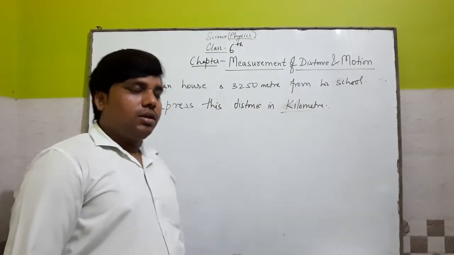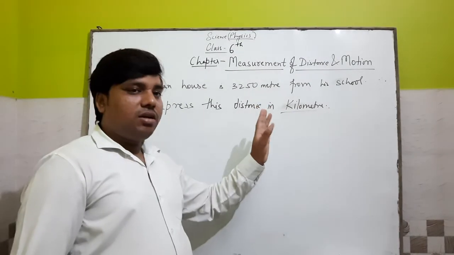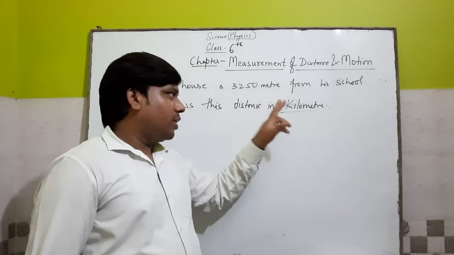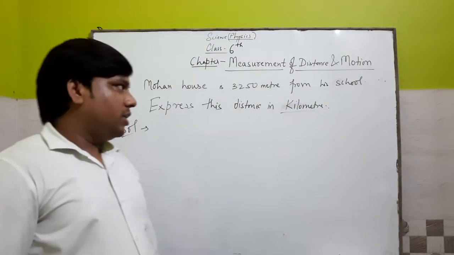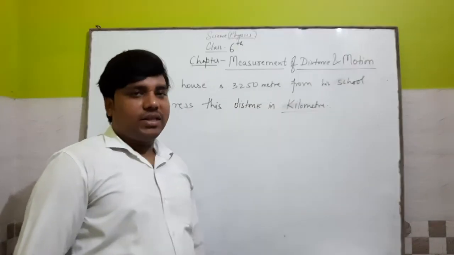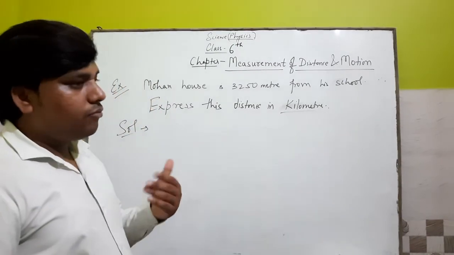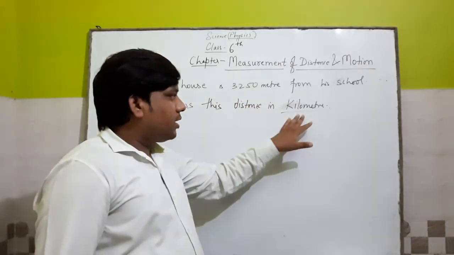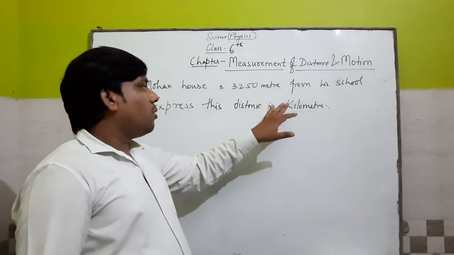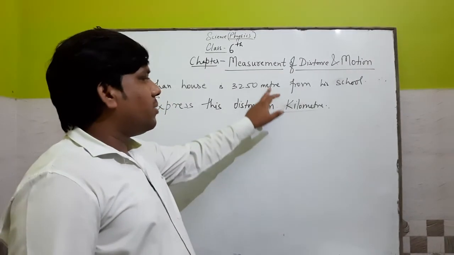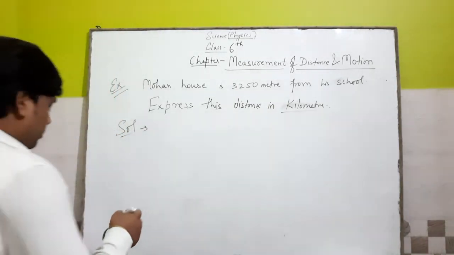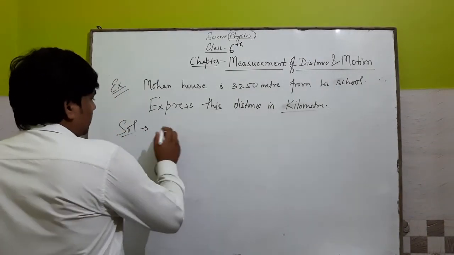What is the relation between kilometer and meter? 1 kilometer is equal to 1000 meter. So we have to divide by 1000. And if we convert a bigger unit into a smaller unit, then we multiply by the relation, means multiply by 1000. Understood? Now let's see how to do this question.